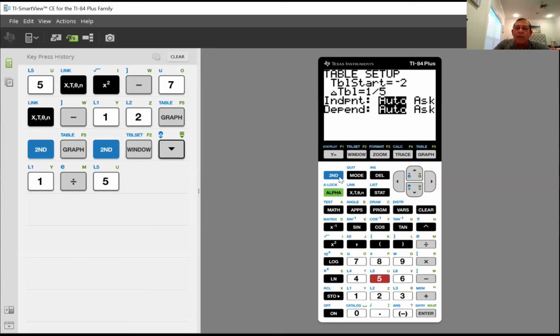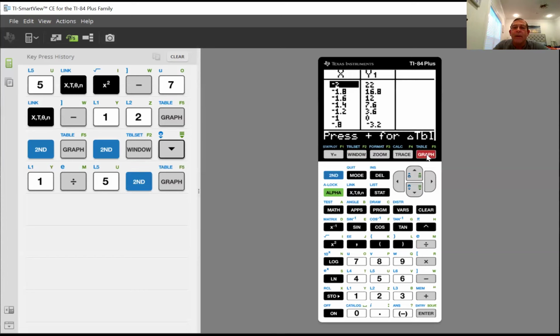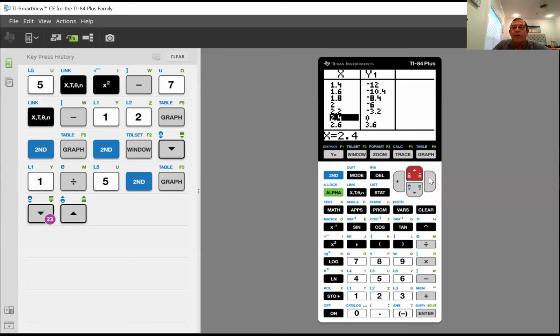Now look when I go to my table. I'm going to hit second graph to go to the table. Now remember, that was in between 2 and 3, so let me arrow down. So there's 0, there's 1, there's 2. Oh, look at that. In between 2 and 3, I got a y value of 0, and they're giving me a 2.4.